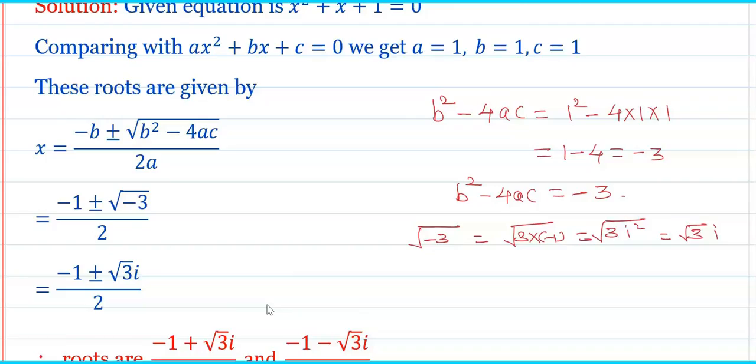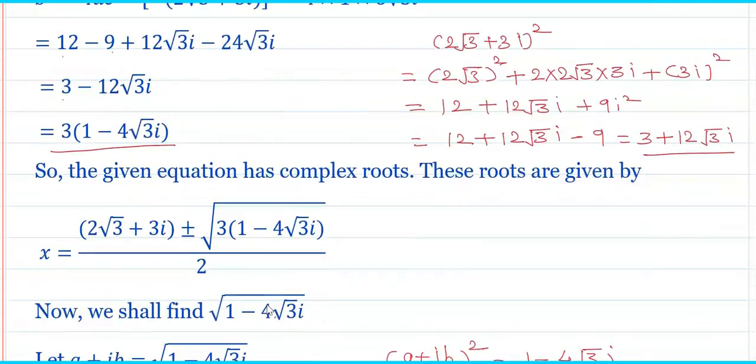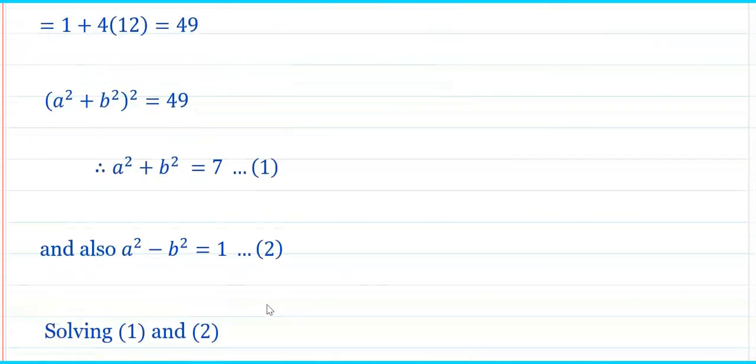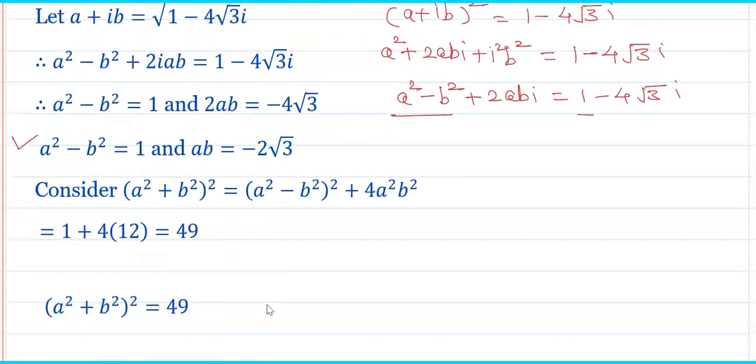And similarly here we will apply the same formula. The value of a square plus b square bracket square is equals to a square minus b square bracket square plus 4 times a square into b square.